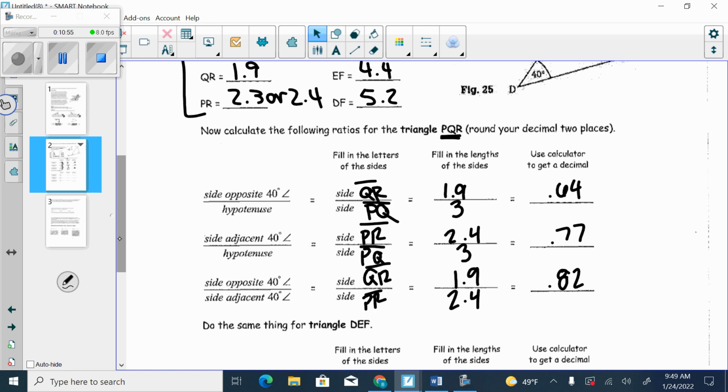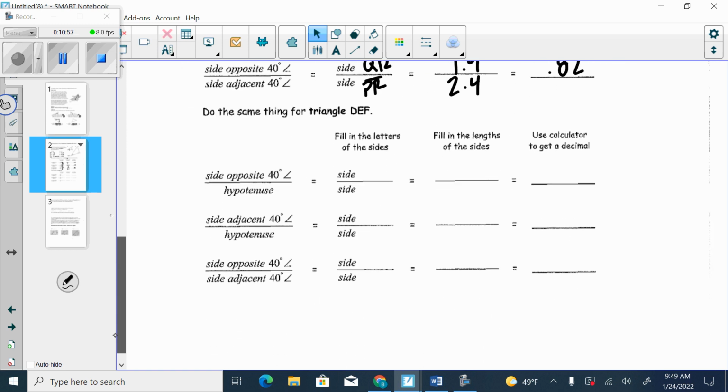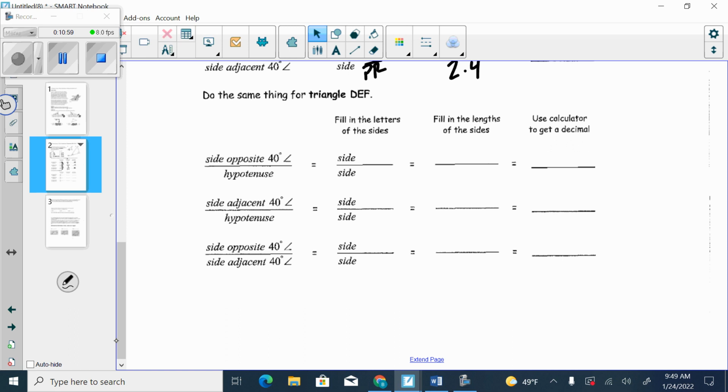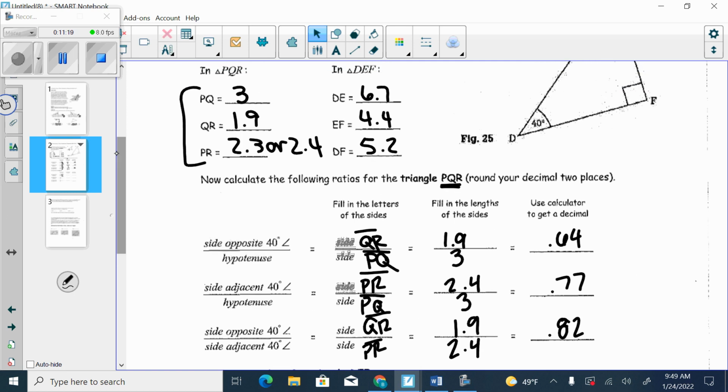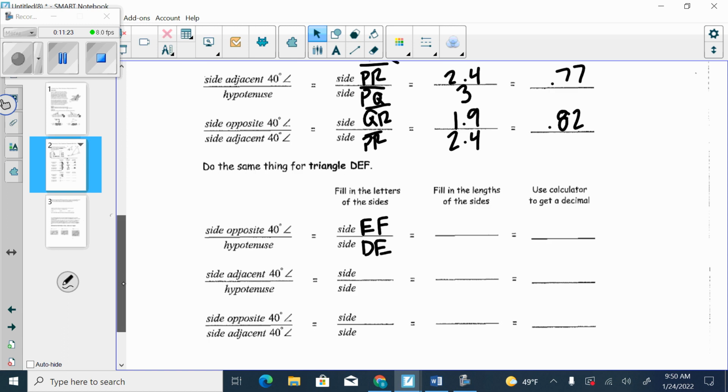All right, now we're going to do the exact same thing, but looking at triangle DEF. So, in triangle DEF, which side is opposite of the 40? EF. And which side is the hypotenuse? DE. Good. If we go back up here, we said EF was 4.4 and DE was 6.7.